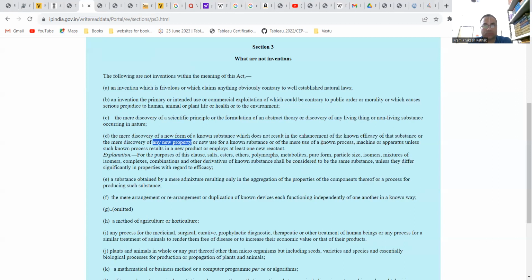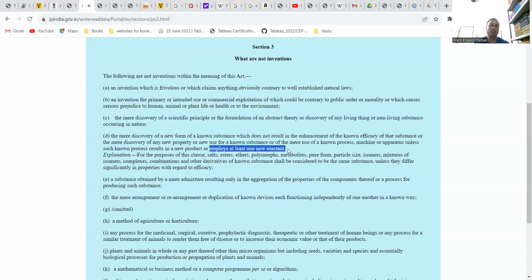And if there is a known process, then mere use of a known process, or a machine is known, an apparatus is known. So the key is that the process results in a new product. You are using the same process, but if it results in a new product, or it employs a new reactant.